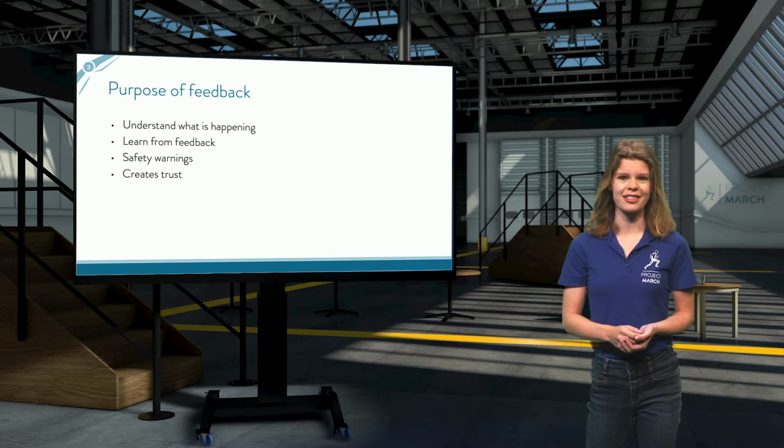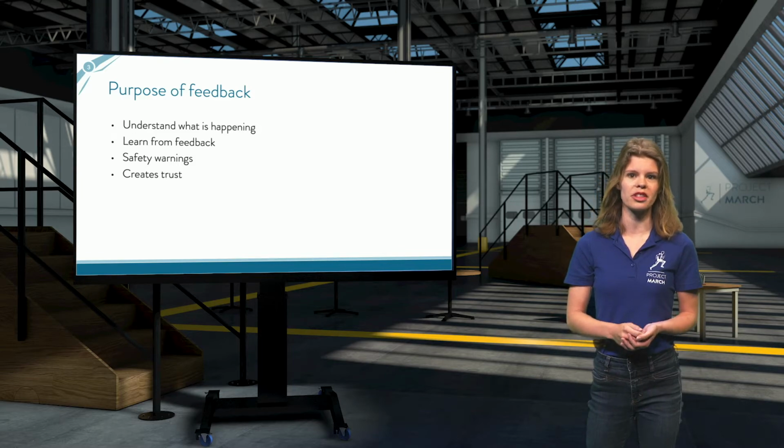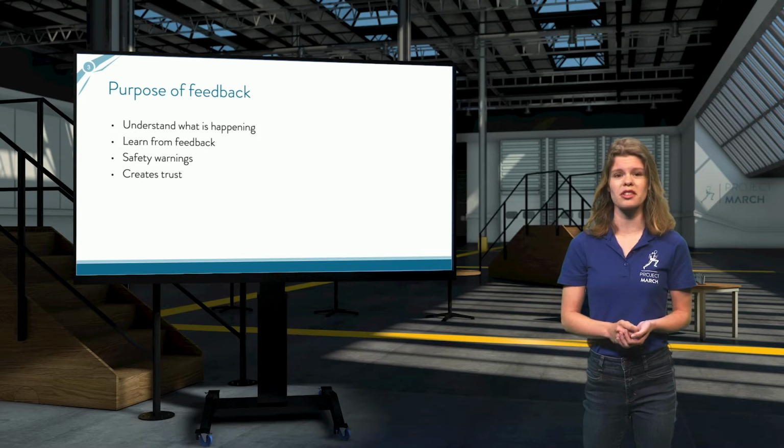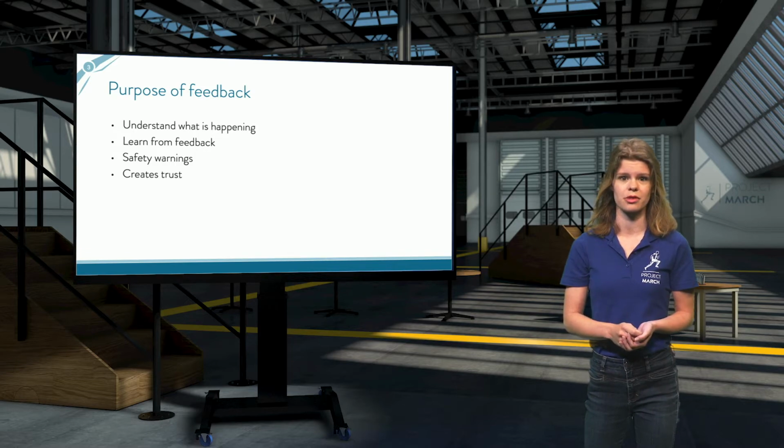If the exoskeleton, for instance, gives a warning that a certain part of the exoskeleton is getting too warm, the pilot then knows that they might have to get out of the exoskeleton. That way, they won't get burned by hot surfaces. Remember, we already discussed some of this material in the video on safety, but this time we go into detail on the exact signals that are used as safety measures.